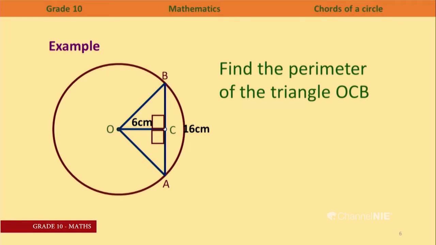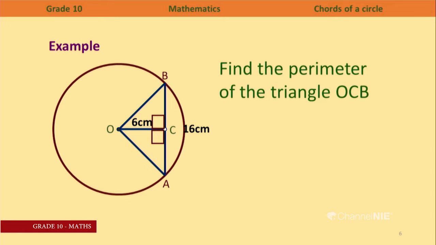But when you take the perimeter, you should know the lengths of all three sides of this triangle. But can you see the lengths, all the measurements, of all three sides? OC, BC and OB. Can you see that?